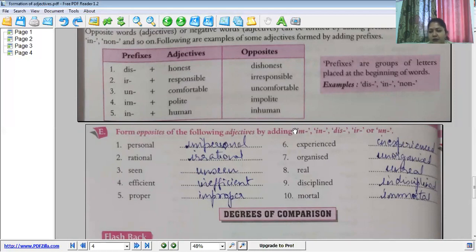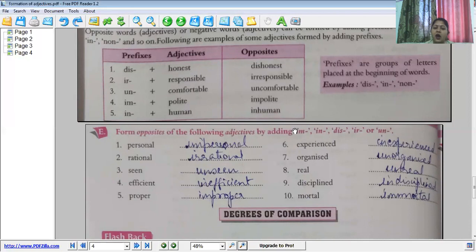Experienced will become inexperienced. Organized will become unorganized. Real will become unreal. Disciplined will become indisciplined class. I really miss these classes, indisciplined classes. Okay. Now, mortal will become immortal. Okay.